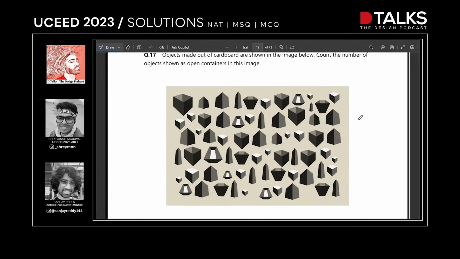Objects made out of cardboard are shown in the image below. Count the number of objects shown as open containers in the image. Pretty easy question. I'll just count it. So there's one, two, three, four, five, then six, seven, eight.